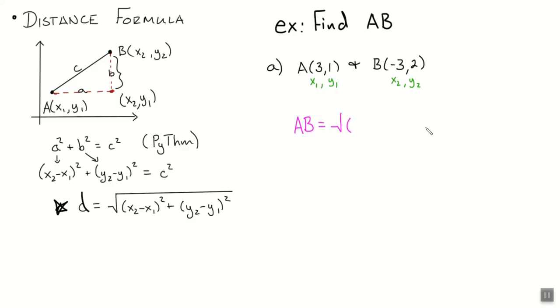Andrew, can you give me x2 minus x1? What numbers would that be? Negative 3 and 3. So negative 3 minus 3. Notice I put the parentheses around it and I square it. Plus, Carson, what's the y's? 2 and 1. 2 minus 1, and I square it, right?